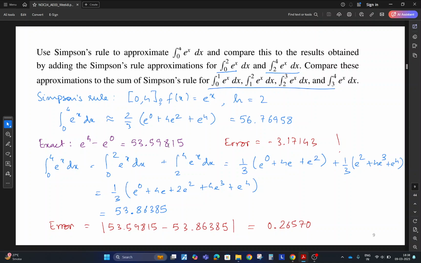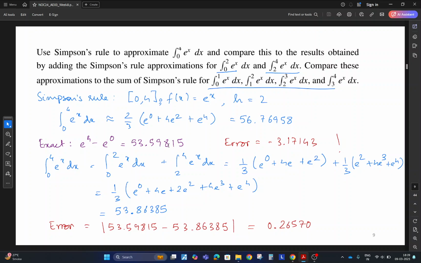Okay, now we will use the Simpson's rule to approximate the integral 0 to 4 e power x dx and compare this to the results obtained by adding the Simpson's rule approximation for 0 to 2 e power x dx and 2 to 4 e power x dx.